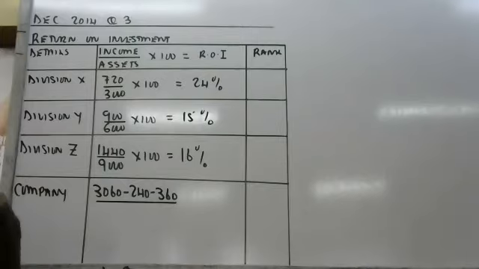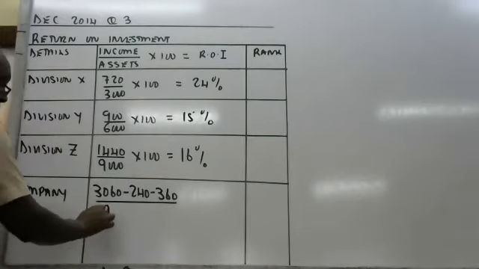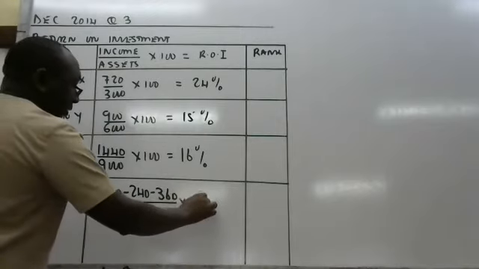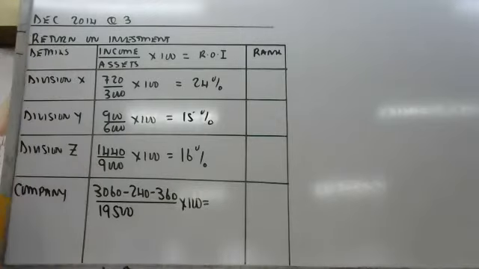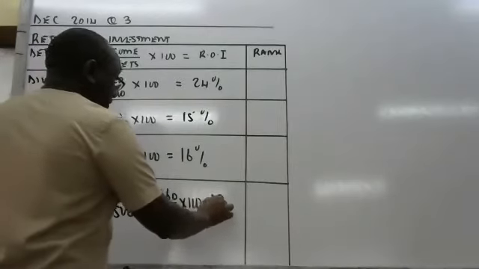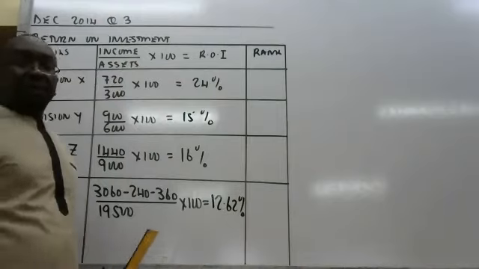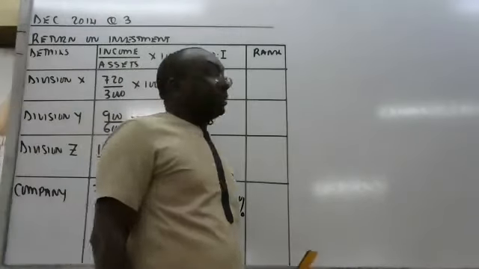The total assets of the company are 19,500, times 100. That gives 12.62%.